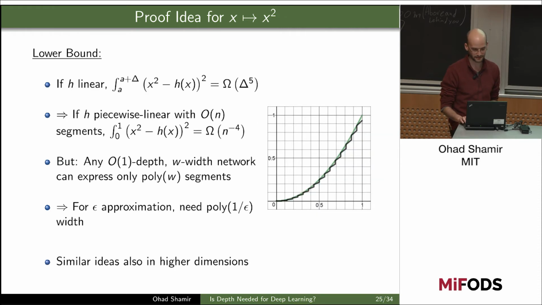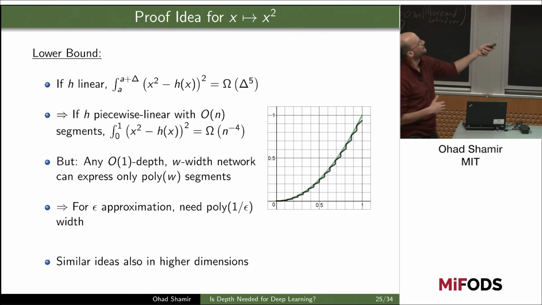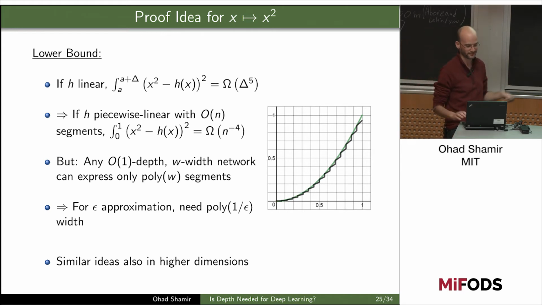On the other hand, the lower bound, the fact that you can't do it with a shallow network, is just based on the fact that x squared is a curved, strongly convex function, and it's hard to approximate it very accurately with a piecewise linear function. So if you're using a ReLU network, it's always a piecewise linear function, so you necessarily will need many segments to approximate it very well.